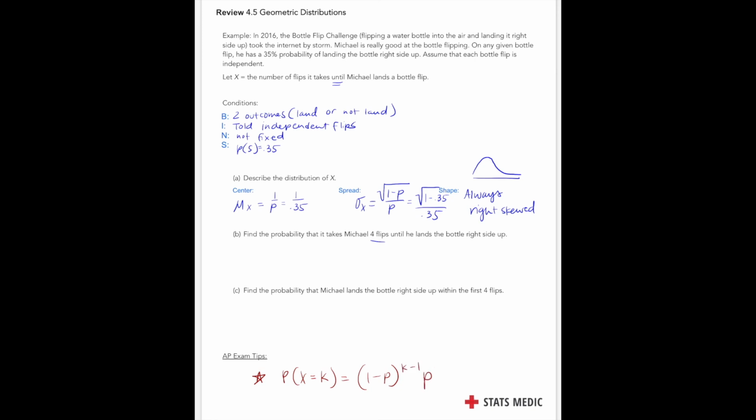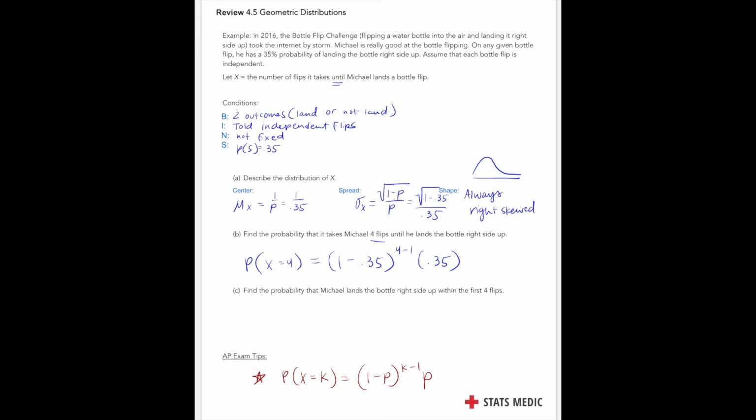So if I were to apply this formula, it's going to look something like this. So basically, as an explanation, I want this to fail 3 times because on the 4th time, I want it to succeed. So that's basically all that means.